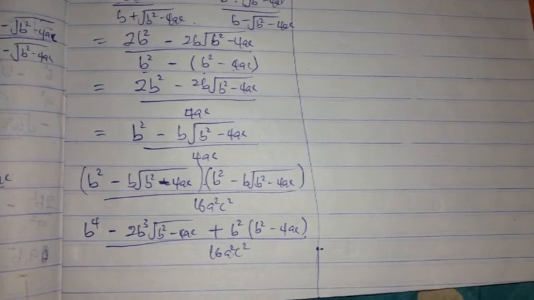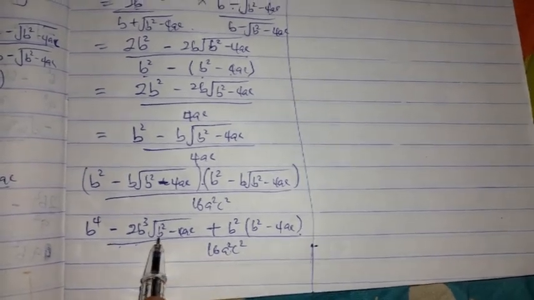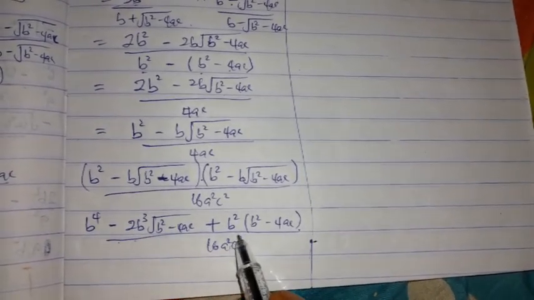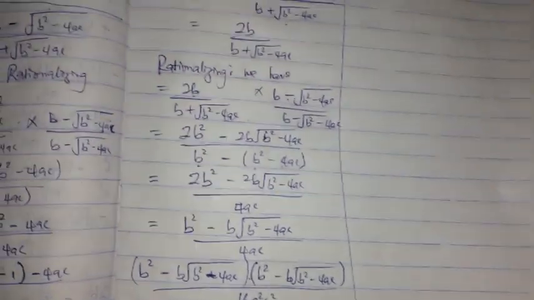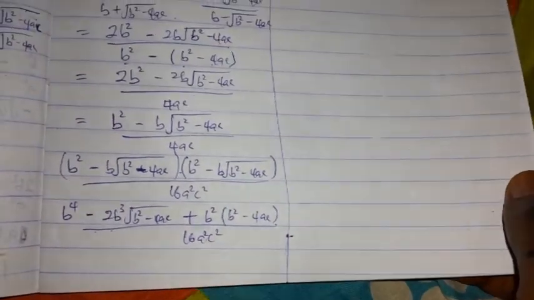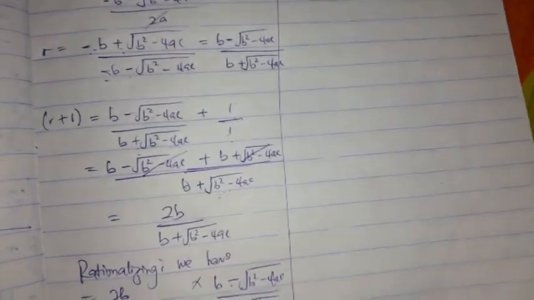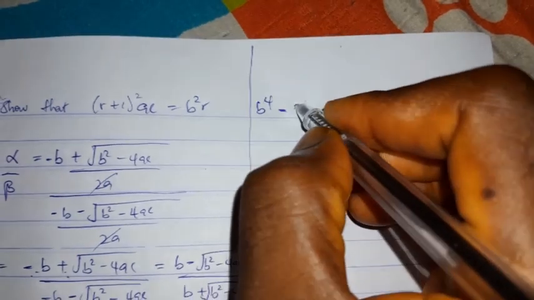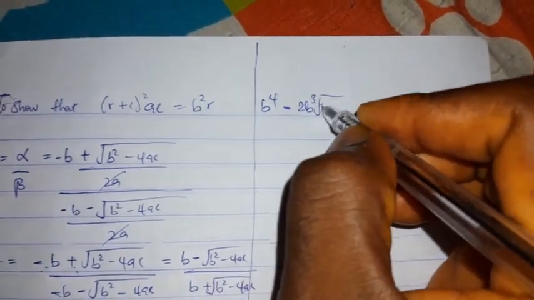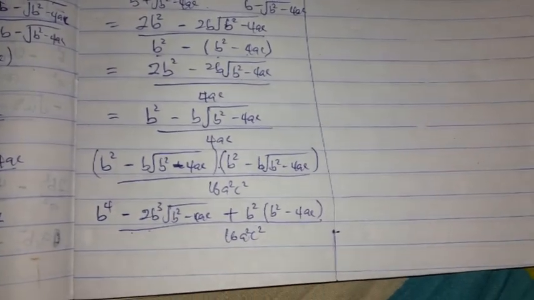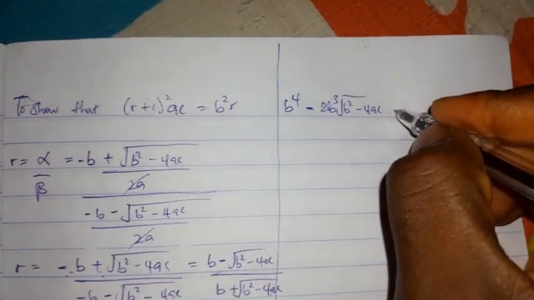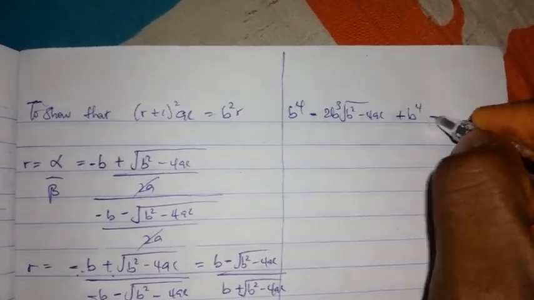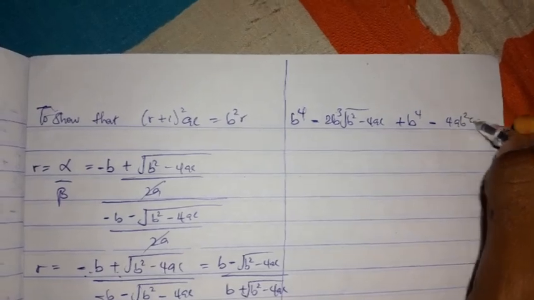Okay, so on solving, I have b raised power 4 minus 2b cubed square root of b squared minus 4ac plus b squared into all this. Now expanding, now it becomes what? It becomes b raised power 4 minus 2b raised power 3 square root of what? b squared minus 4ac, then plus what? b raised power 4 minus 4b squared ac plus b raised power 4 minus 4ab squared c.